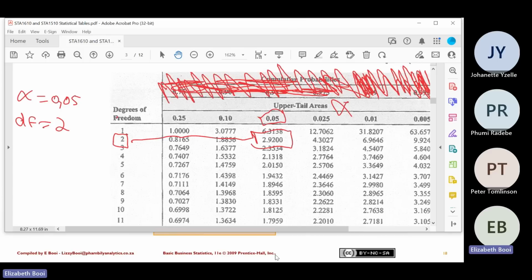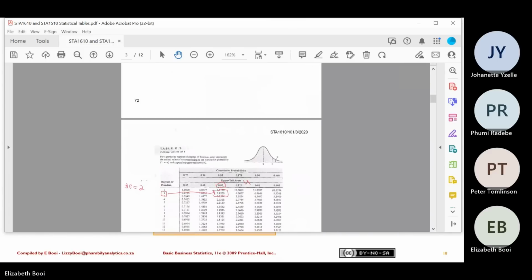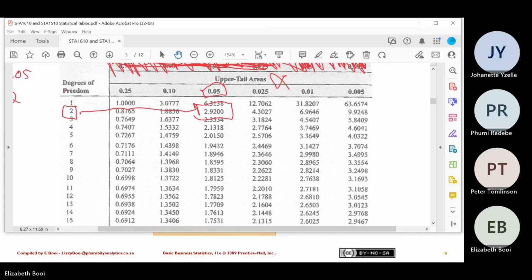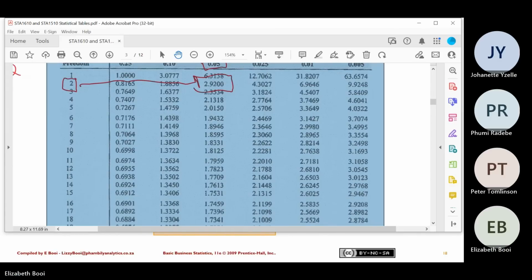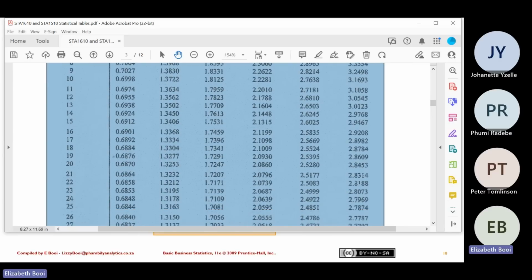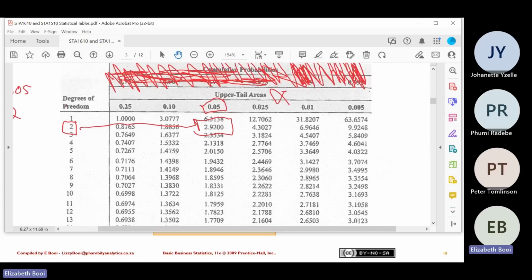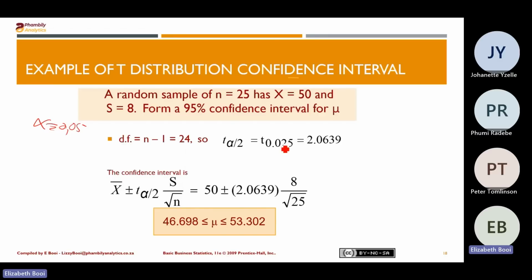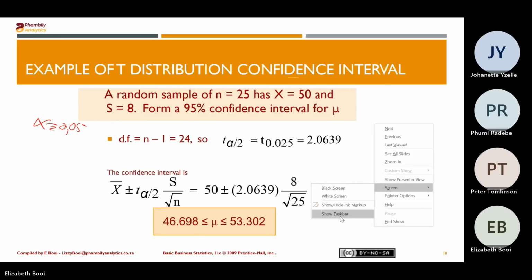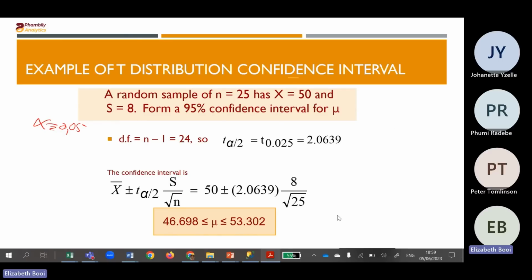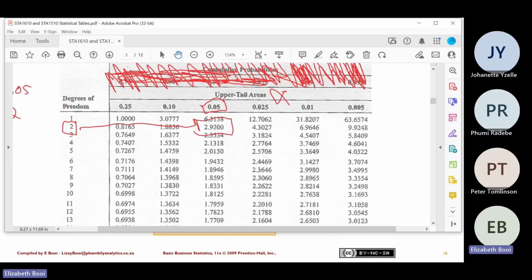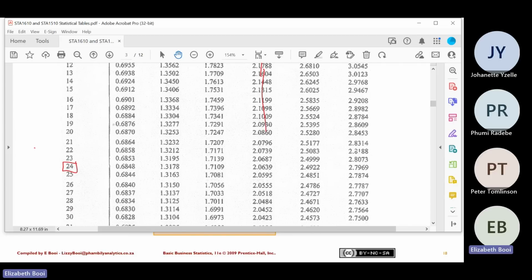So you go to the table, make it smaller again. We look for 24 and we go up. We look for 0,025. So it's 24 and 0,025 where they both meet.